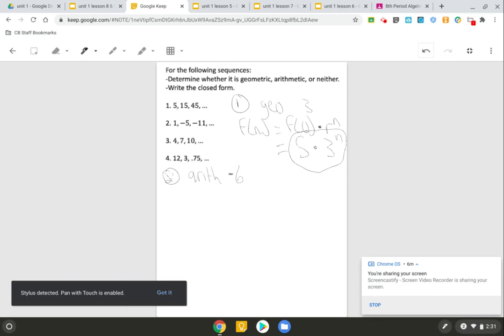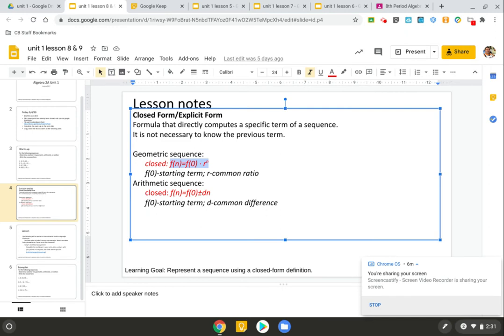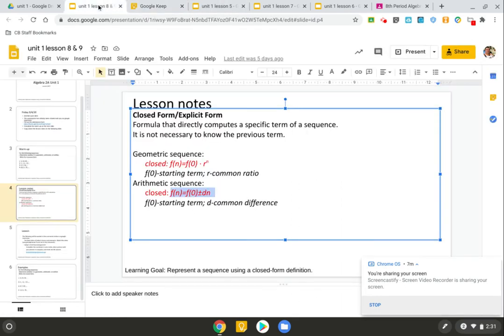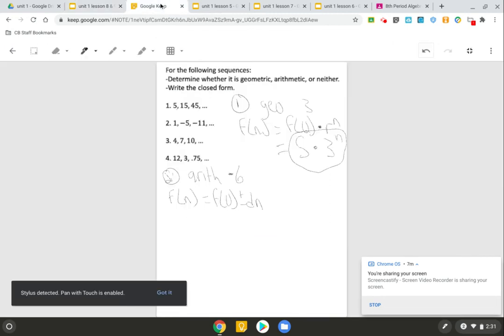Okay. So now I'm going to go to the formula for an arithmetic sequence, and I'm going to write that down. So f of n equals f of 0 plus or minus d times n. And I'm going to fill in the numbers.